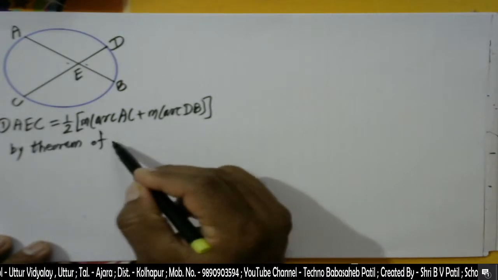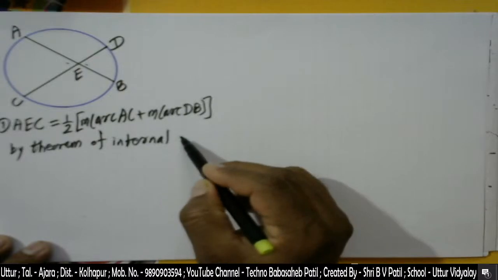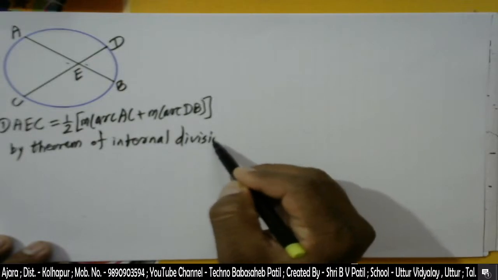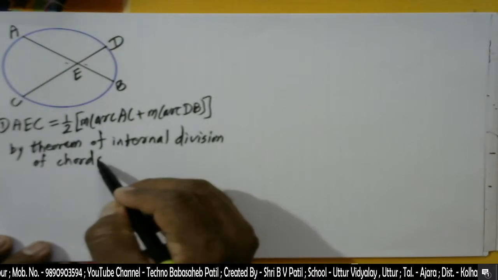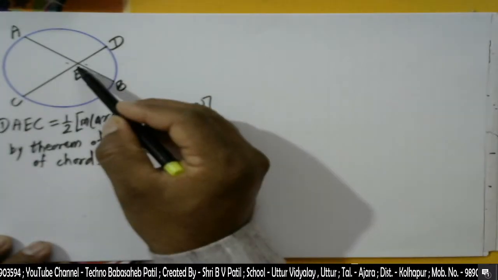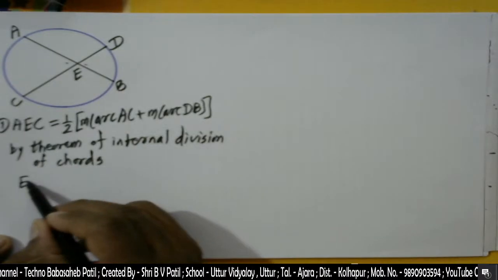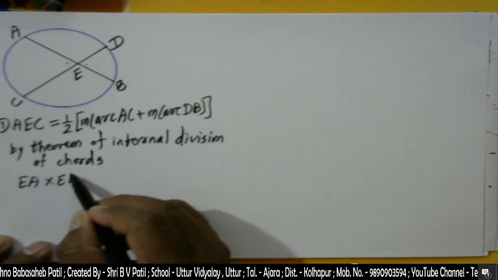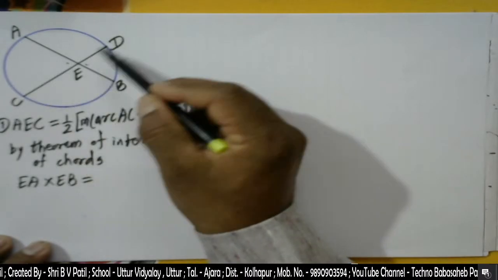By the theorem of internal division of chords, EA into EB is equal to EC into ED.